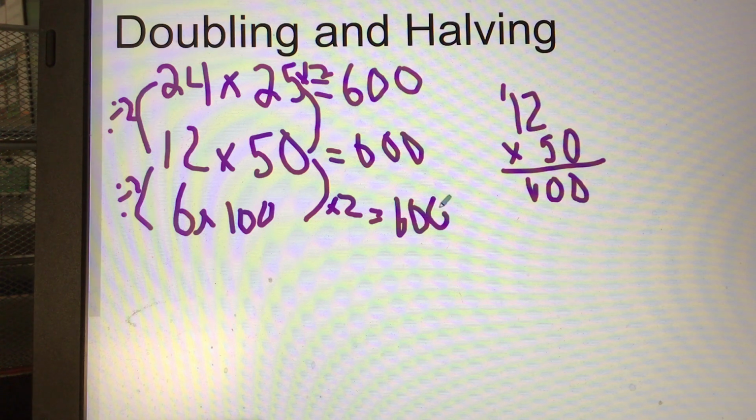So you can see that if I double one number, like I did with 25, 50 to 100, I doubled that number. And if I divide by 2, like I did 24 to 12 to 6, by doubling a number and halving a number in my equation, I get the same product each time.